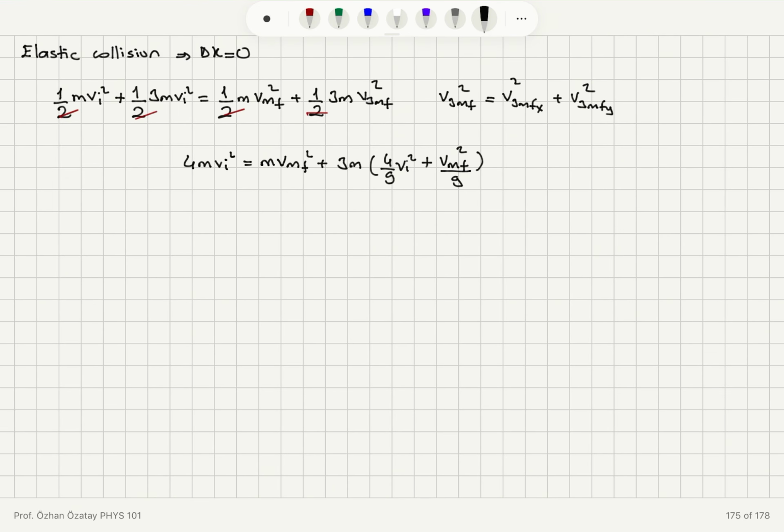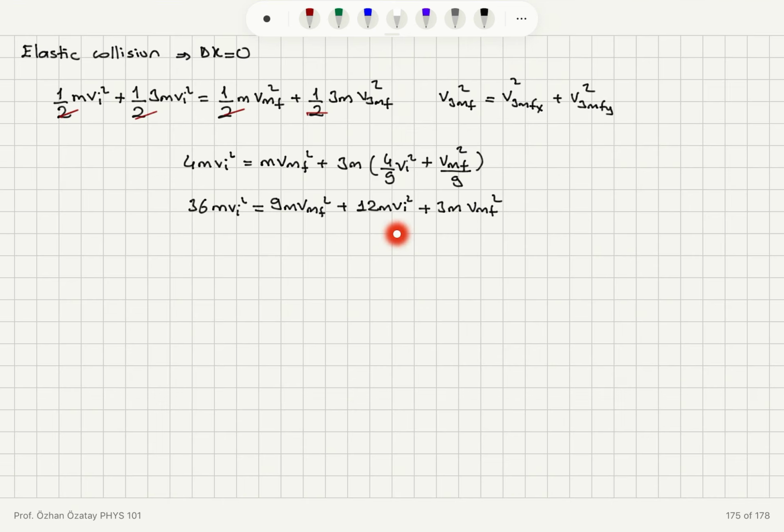Okay, so if I multiply both sides by 9, I obtain 36 m vi squared is equal to 9m vm final squared plus 12m v initial squared plus 3m vm final squared.